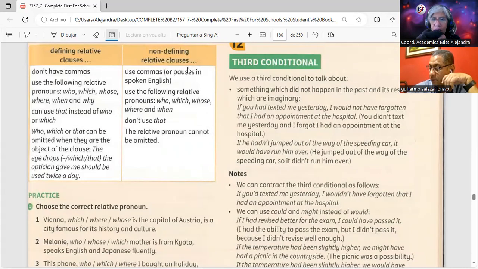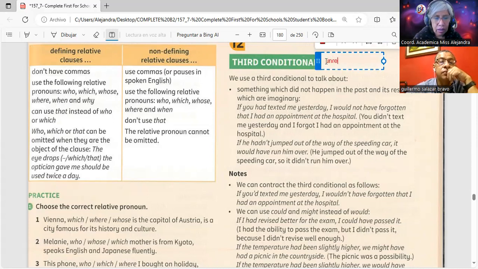You remember the third conditional? The third conditional is always an unreal past tense. When we talk about the third conditional, we talk about an unreal action or event in the past.